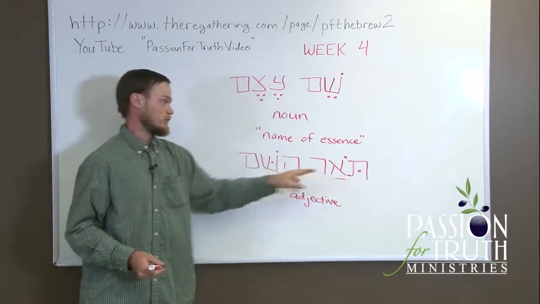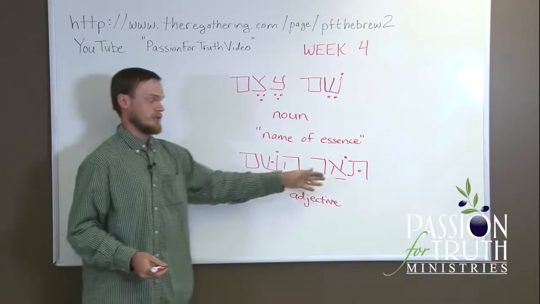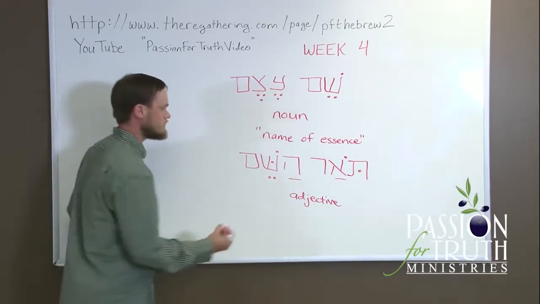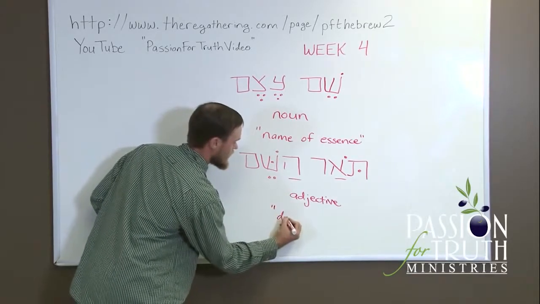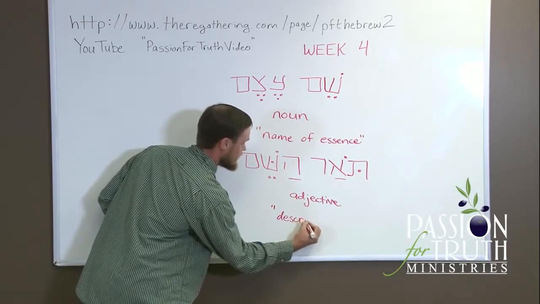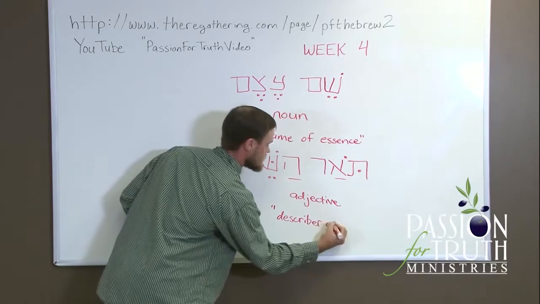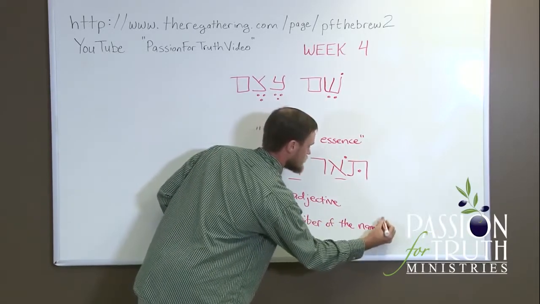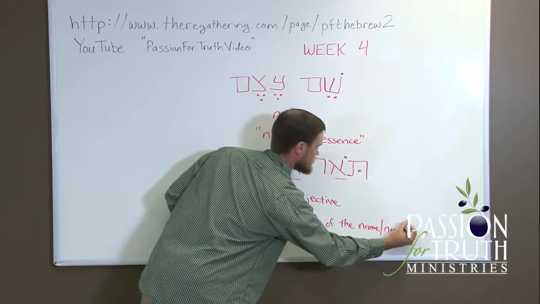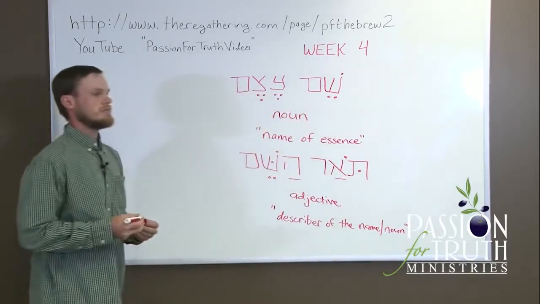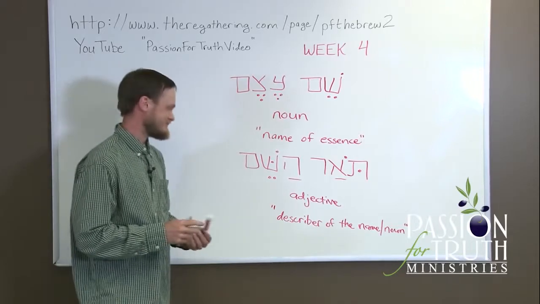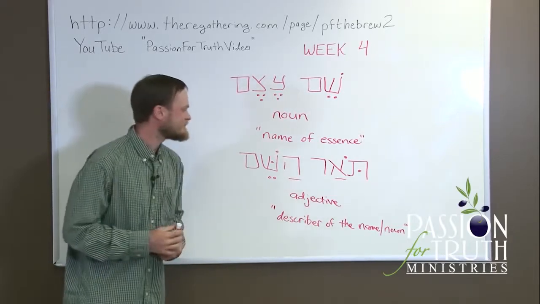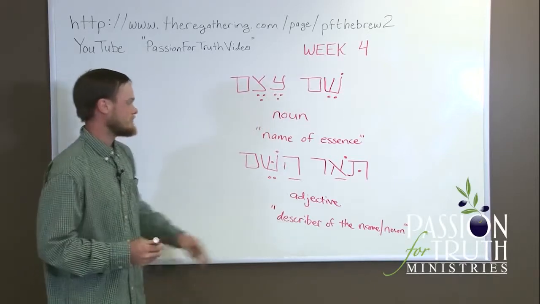So this literally means describer of the name, but it means describer of the noun. Toar is describer. So that is what an adjective does, it describes a noun. Yes, Yeshua would have been a describer of the Torah.